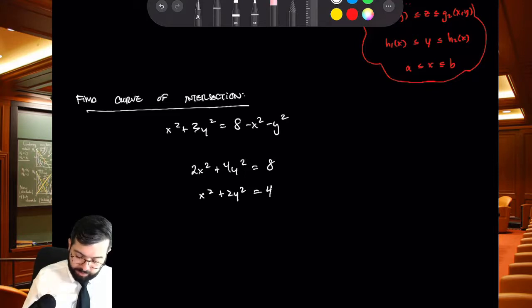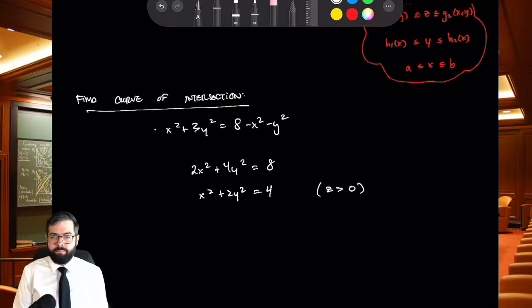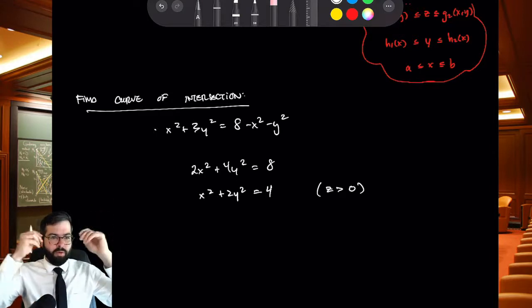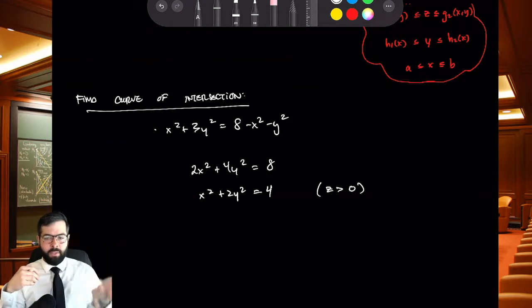We know, especially because of this equation over here, that our z is positive values only. The x squared plus 3y squared is an elliptic paraboloid facing upward, like a bowl. So we're really only talking about z values that are positive here.